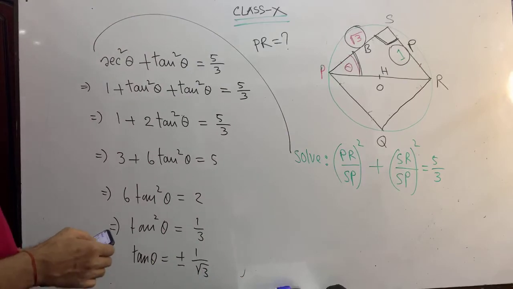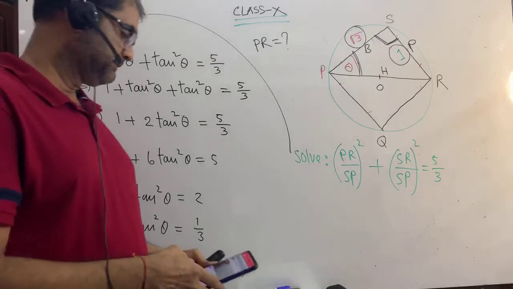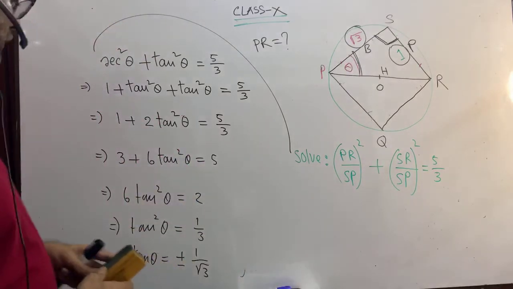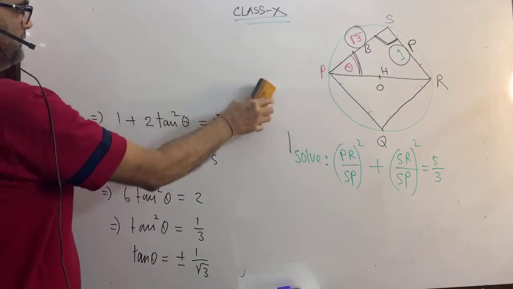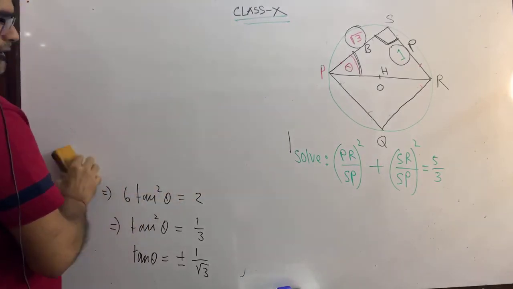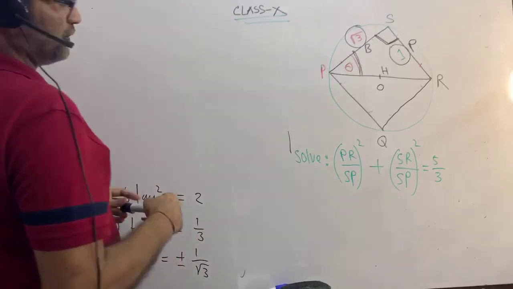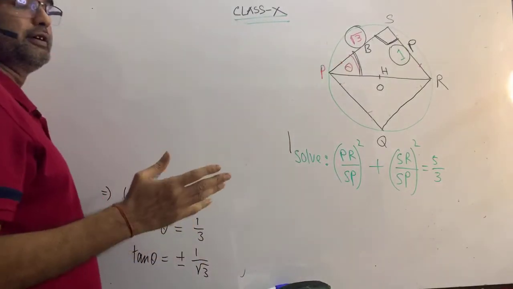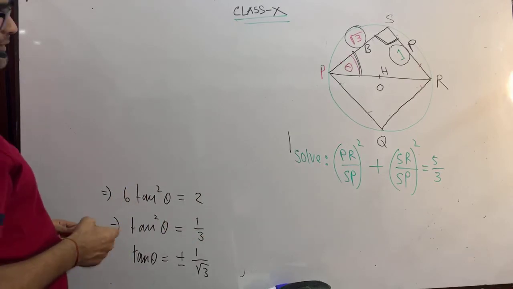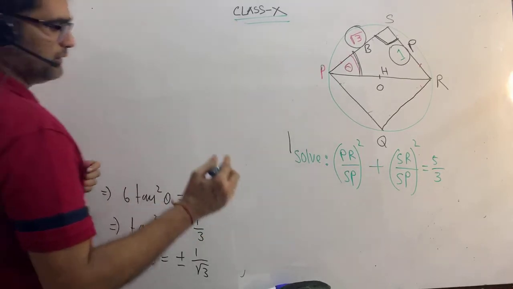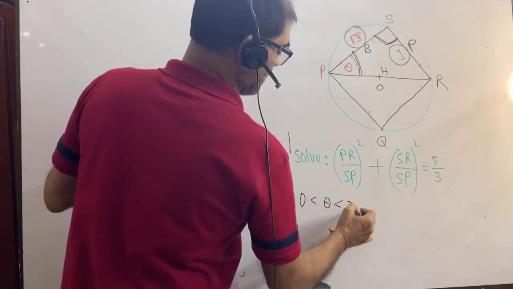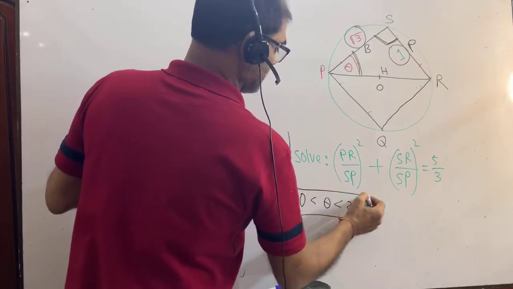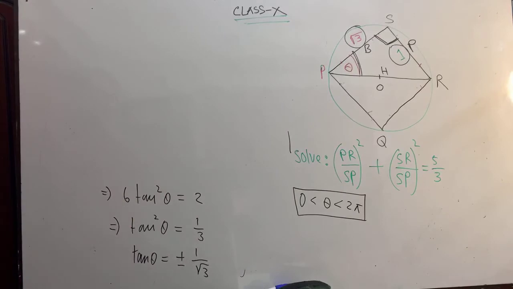Please do it. What you have got? Tan theta equals plus minus 1 by root 3. But here in this question, if the range is told, though here it is shown as an acute angle, if you are told to find the value from 0 to 2 pi, then what will you do?